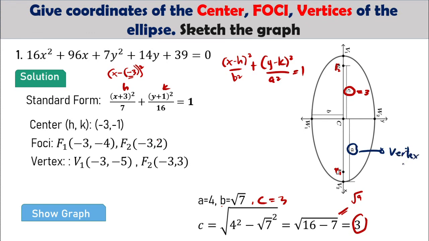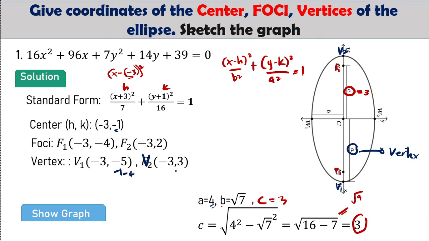So from the center going to vertex 1, we add or subtract A, which is 4. In our problem, the vertices are also interchanged, but they're the same either way. Negative 5, why? From negative 1, we subtract 4, which gives negative 5.